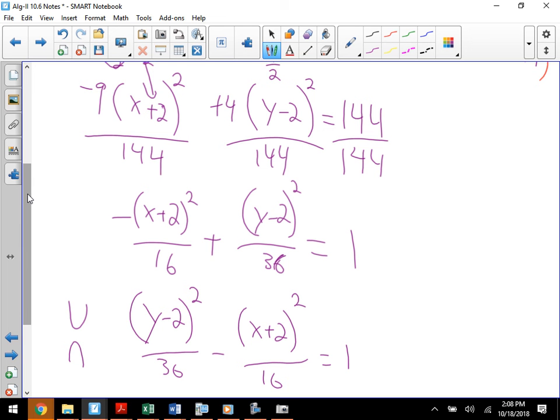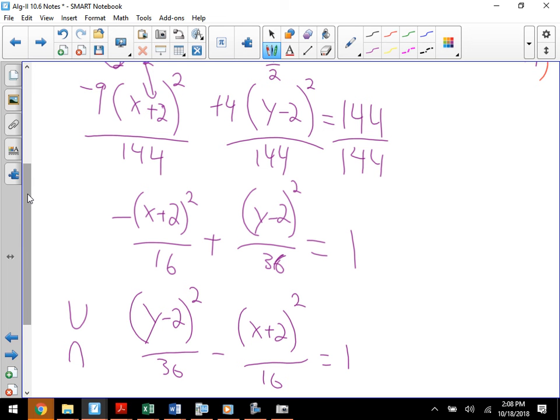Nine times out of 10, you're going to get somewhat clean values. It's not impossible to get fractions for the denominators, and I'll show you what happens with those as we go along. They're very, very easy to work with. This is not meant to be horrible. It's just where we're heading.